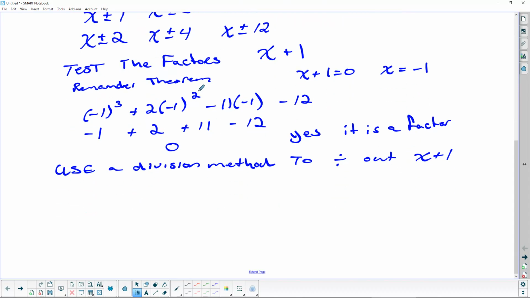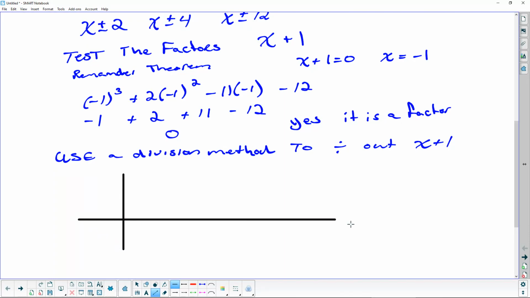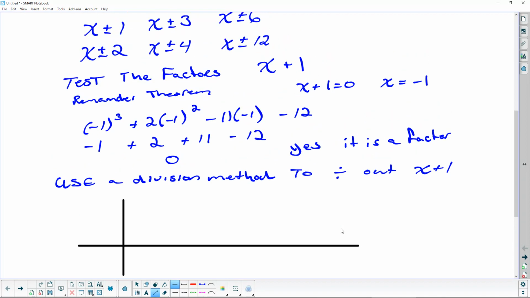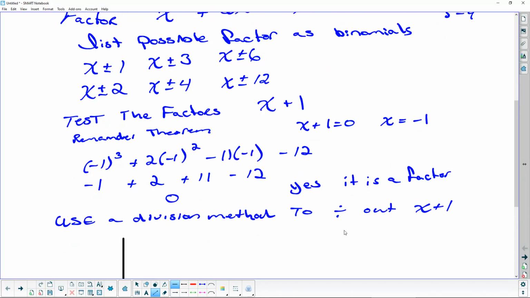So I'm going to make my synthetic division line here, and then I'm going to plug in my expression. My expression, if we remember, is this one up here, so it's 1, 2, negative 11, and negative 12.